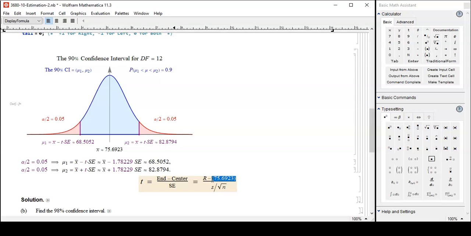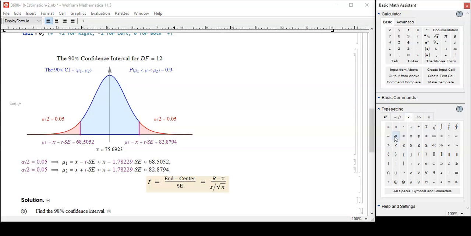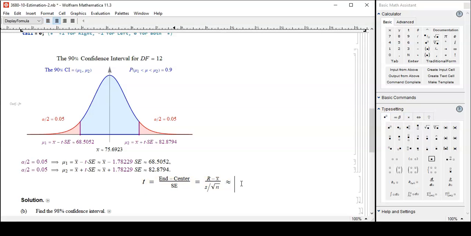All right. Let's use that expression. And now let me put in numbers. So the right side endpoint minus 75.6923. And then divide by the standard error.